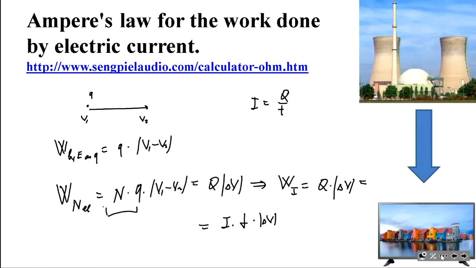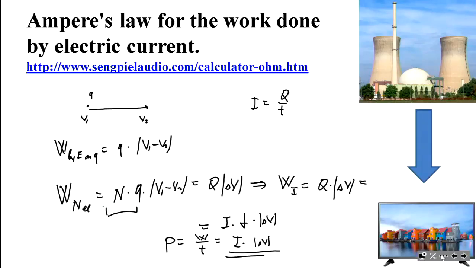But this is the work done over a certain period of time. In practice, we don't usually use work, we use power. Power is the work done by a force or a system per second. This is the official definition of power, well, average power, if the electric current is constant. So what we have is a very simple expression.